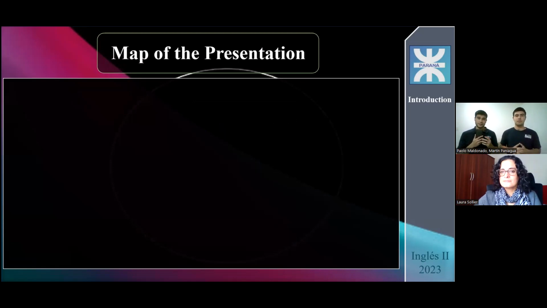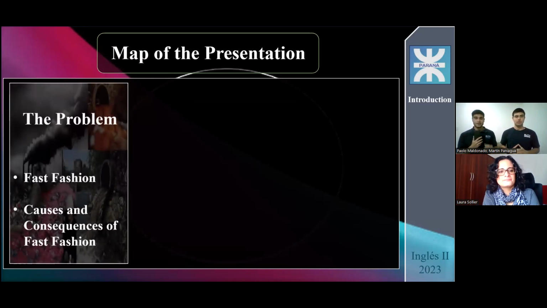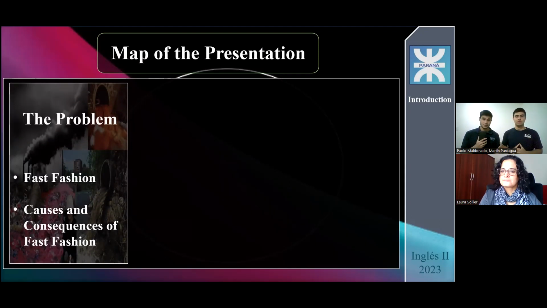To achieve this aim, this paper is organized as follows. In the first place, a description of the problem related to fast fashion, the causes that give its origin, and the consequences that it can generate are going to be described.